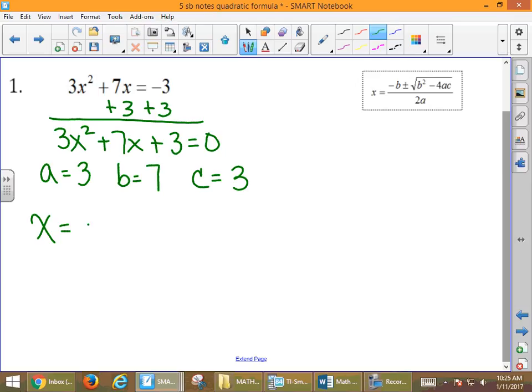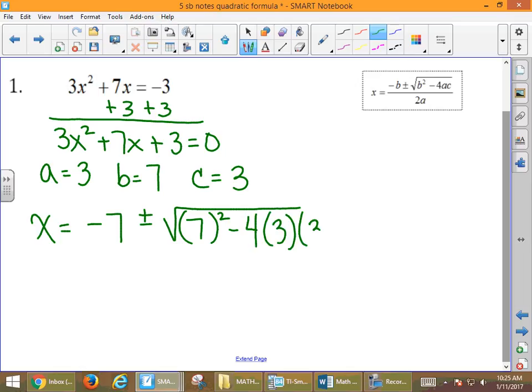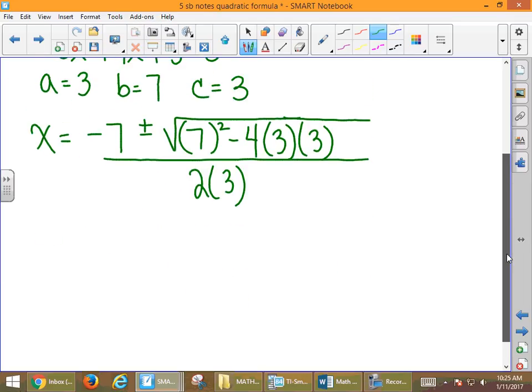X equals negative 7 plus or minus the square root of B squared minus 4 times A times C, all divided by 2 times A. Well, now we get X equals negative 7 plus or minus 7 squared.